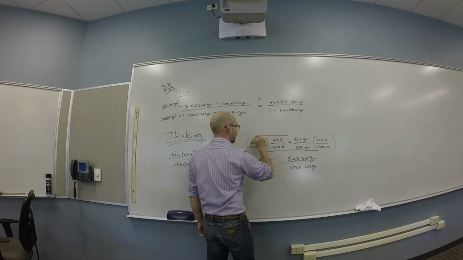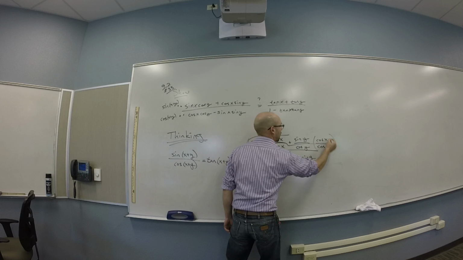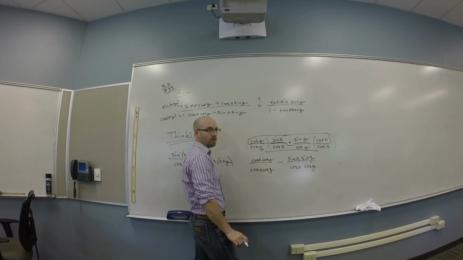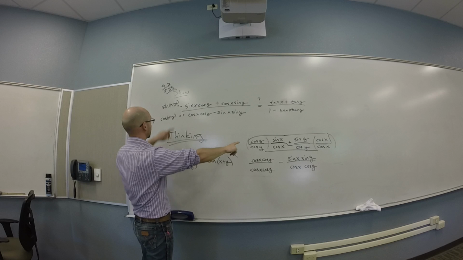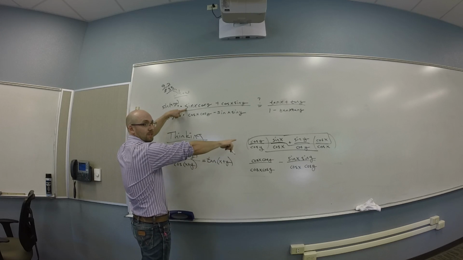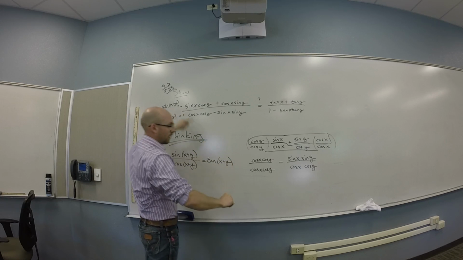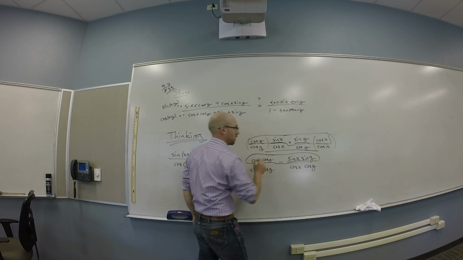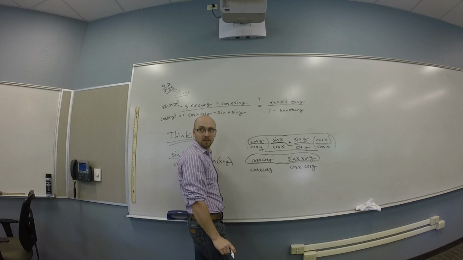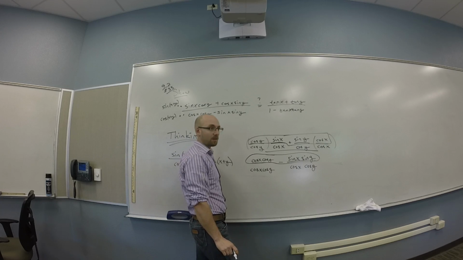So this stuff up here, that's the same thing, that's this. That's the sum of angles identity for sine. And this right here, that's the sum of angles identity for cosine.